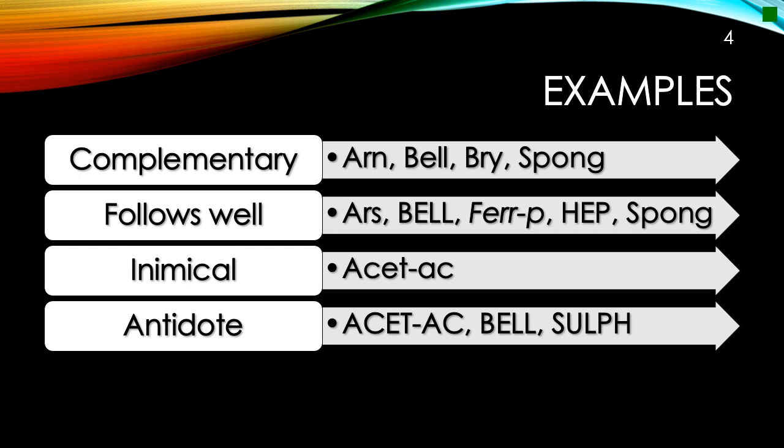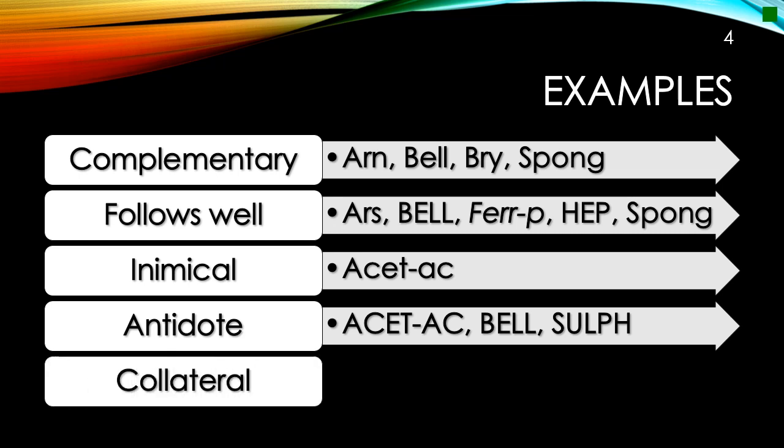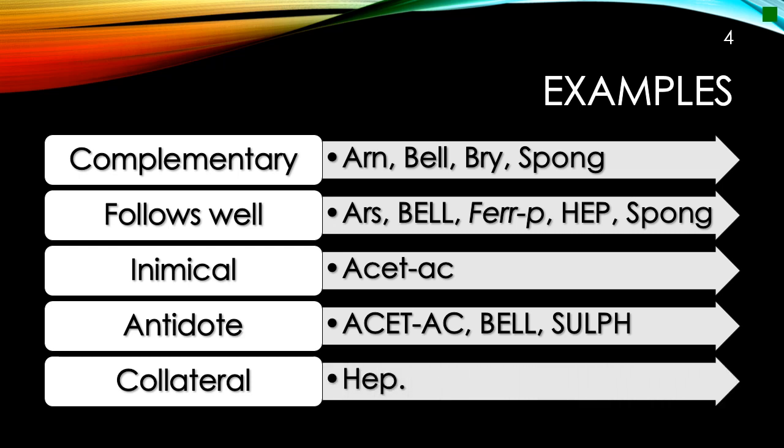Once again, as I said, examples with cases as we progress in the course will explain this further and deeper, and I'll be taking this up in every single remedy that we talk about. Collaterals, one example which follows, which is a collateral of Aconite, is hypersulfuricum.